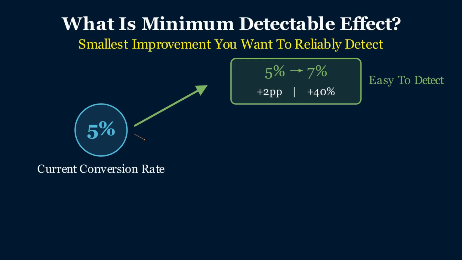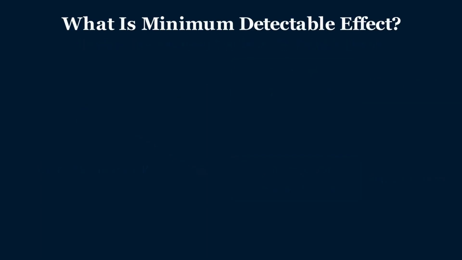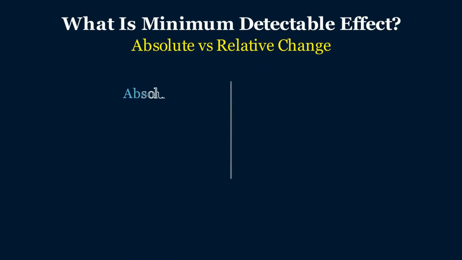Now suppose conversion increases from 5% to 5.2%. That is only a 0.2 percentage point increase. But relative to the original 5%, it is still a 4% relative improvement. And at massive scale, even tiny relative improvements like this can generate millions in additional revenue. This is where many beginners get confused. In experimentation, improvements can be described in two different ways: absolute change and relative change.